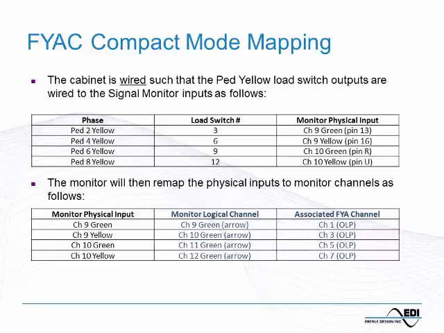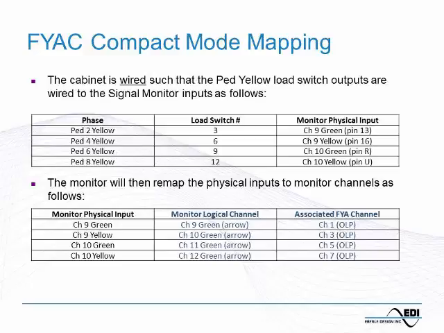Now we've got to spread them out because we're not using them as a 2-section signal. We're looking for 4 separate green inputs. So what the monitor does when we tell it it's in the compact mode is it will now remap those 4 signals again, whereas channel 9 green stays as channel 9 green on the monitor.